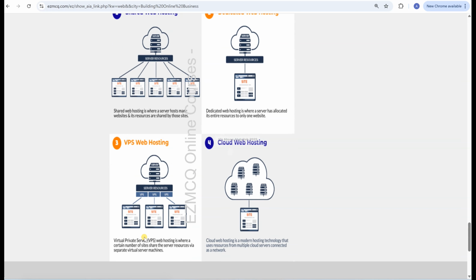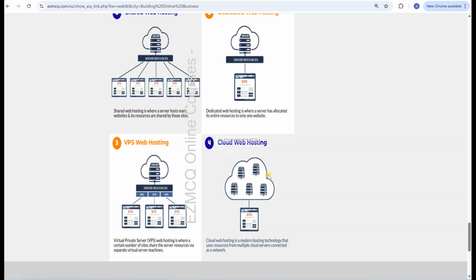And then there is virtual private server hosting. You have a number of sites, and they share the resources through a separate virtual server machine. Over here, all of them are competing for the resources, but here, that competition is controlled based upon what you're paying. And cloud web hosting uses resources from multiple cloud servers connected over a network.